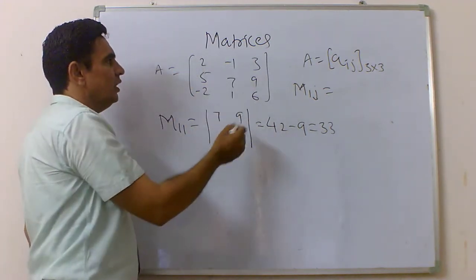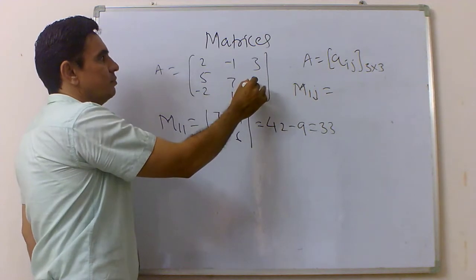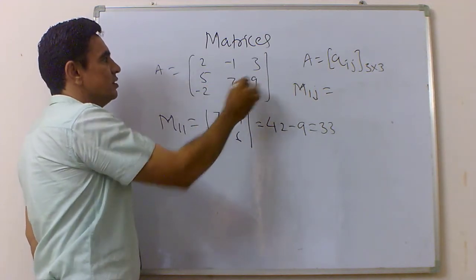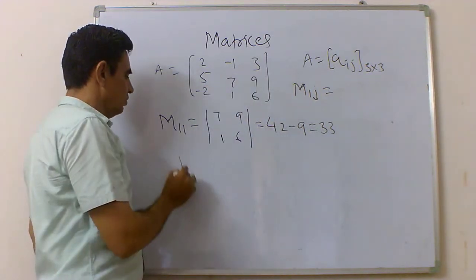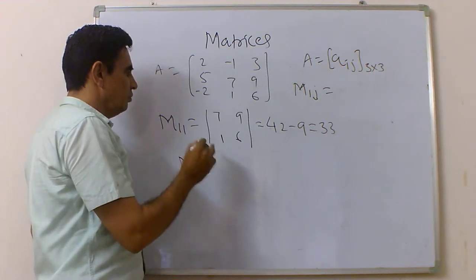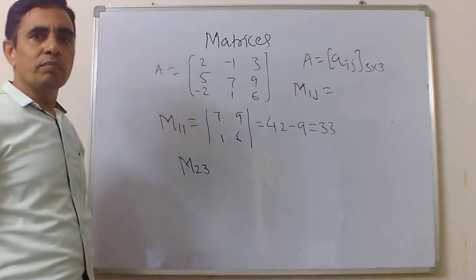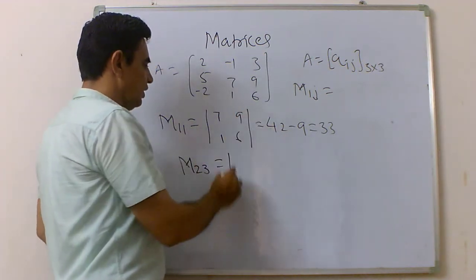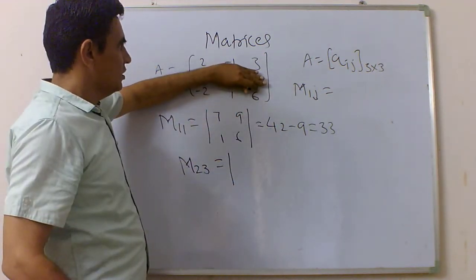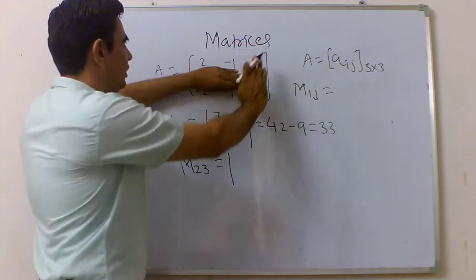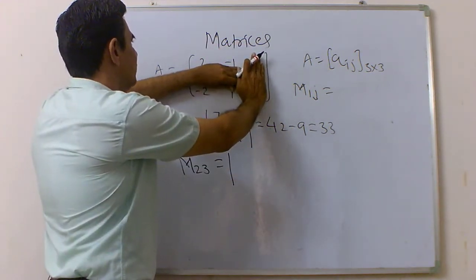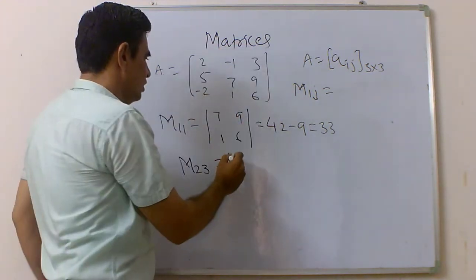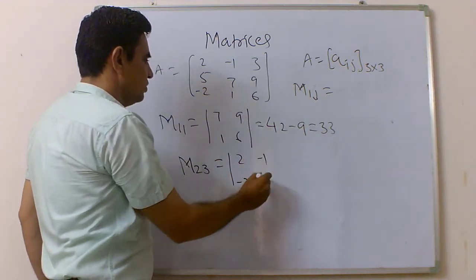Minor of any other element, for example the element in the second row third column, its minor is denoted by M23. Minor of the element in the second row third column is equal to the determinant obtained by deleting the second row and third column, like this: 2 -1 -2 1.